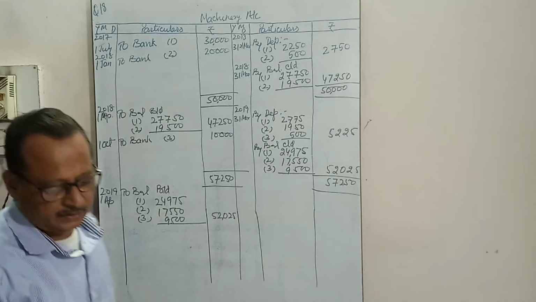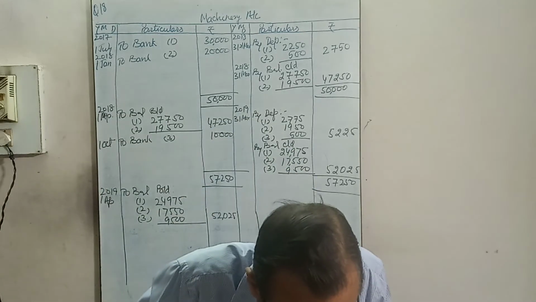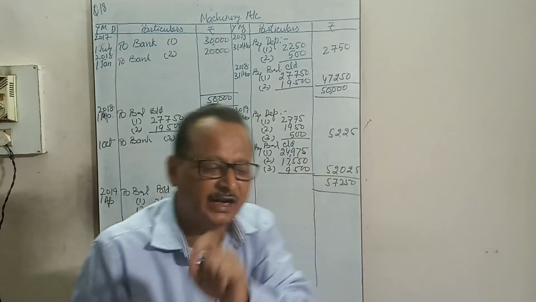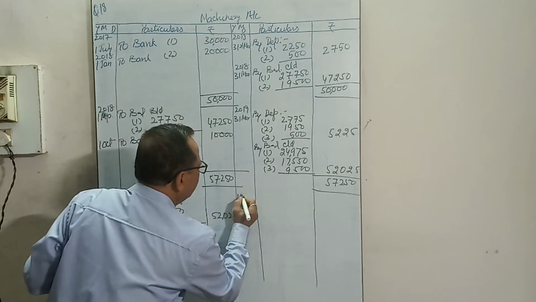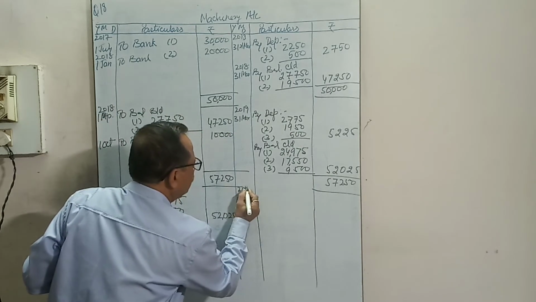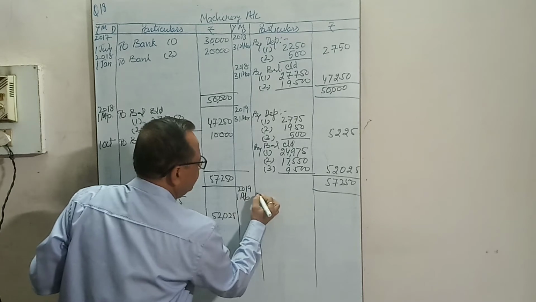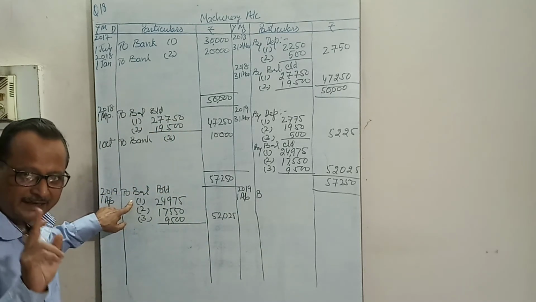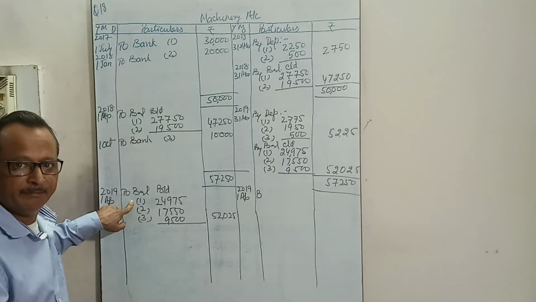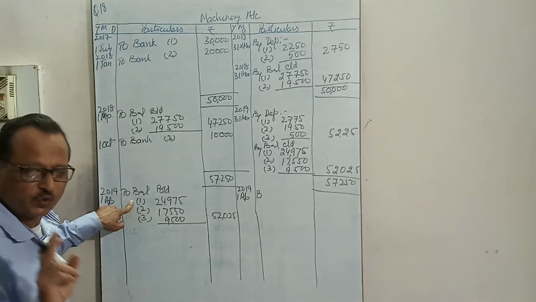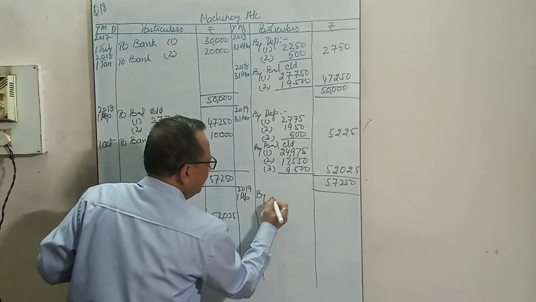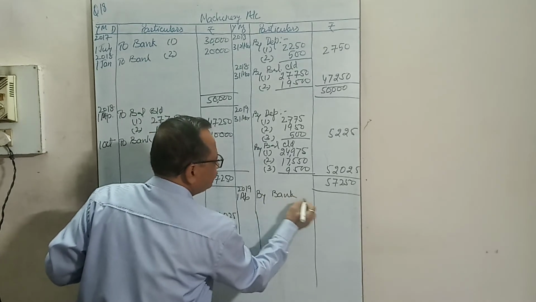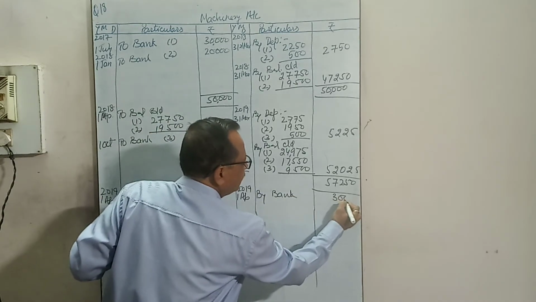Now it is written that on 1st April 2019, 1/3 part of the first machinery became obsolete and was sold for rupees 3,000 by bank, 3,000.